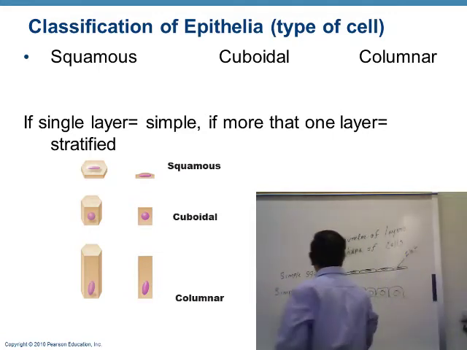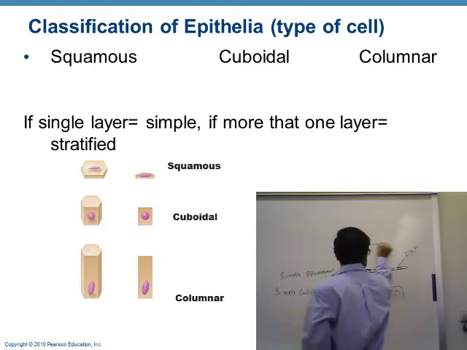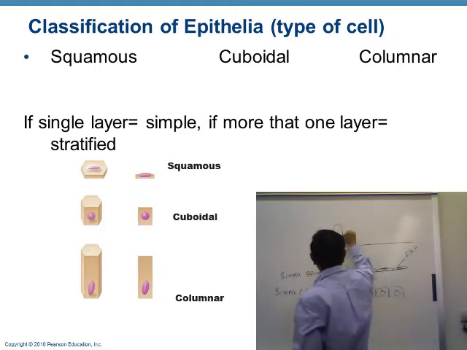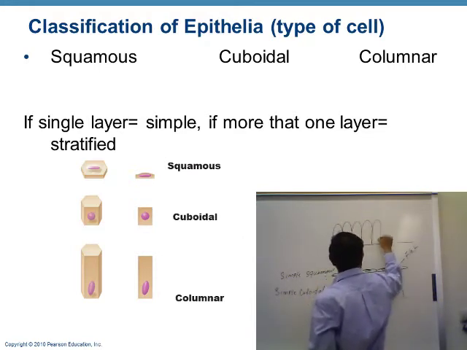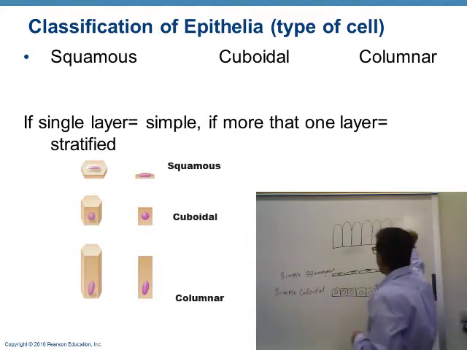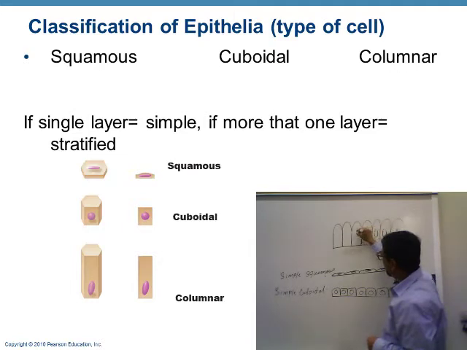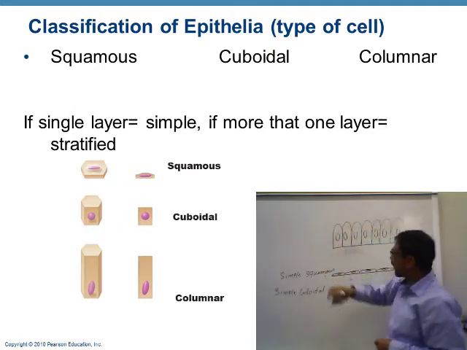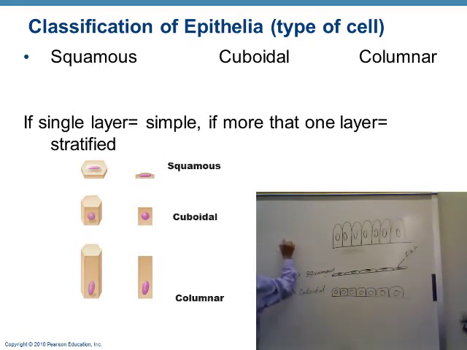Now, another type: cells are tall, like columns. You know, columns are used in buildings. So, single layer, that's why it is simple, and tall is columnar. So, this is simple columnar. Okay.